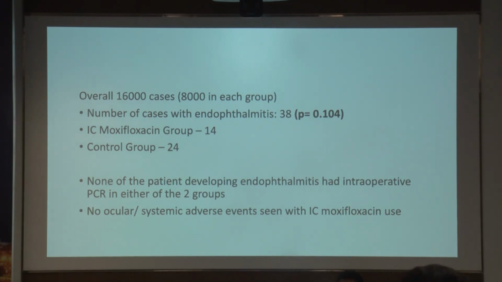But as far as this study was concerned, none of the cases that developed endophthalmitis had PCR in either group. I think this is robust data, mainly because it's from two tertiary eye care centers and it is prospective. We don't have such a huge sample size prospective study. So possibly when we do a detailed analysis, we would come out with more recommendations and more findings.